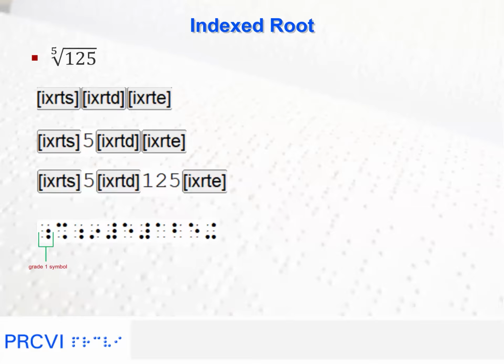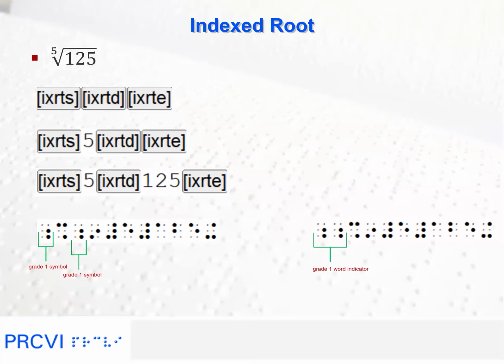One is in front of open radical and the other is in front of superscript. Delete these grade 1 symbol indicators. Insert grade 1 word indicator dots 5656 in front of open radical indicator. Shortcut to do index root is Alt plus L plus M plus I.